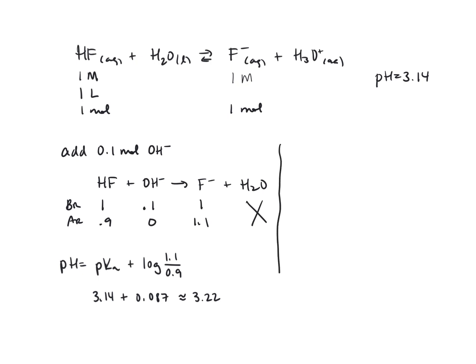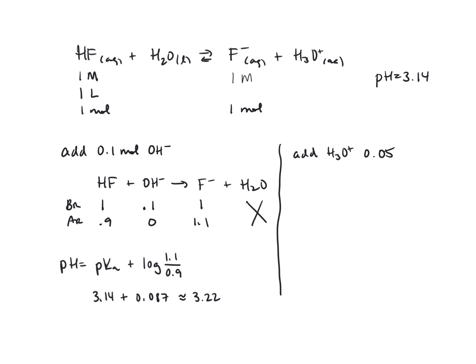Okay. Now let's say you added a strong acid such as HNO3. I'm going to say we add the HNO3, so we'll say H3O+. This time we'll add 0.05.